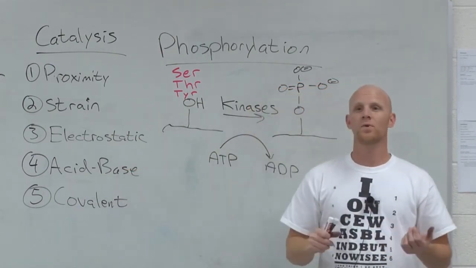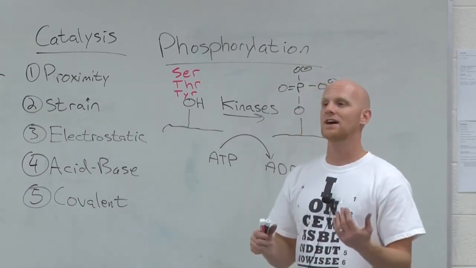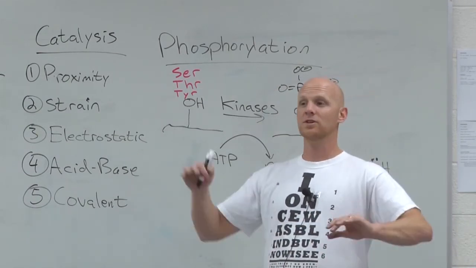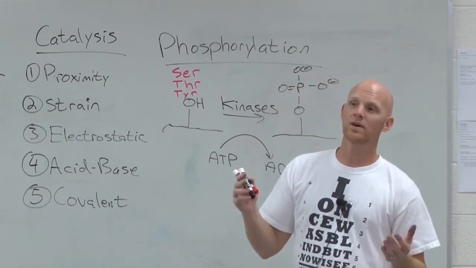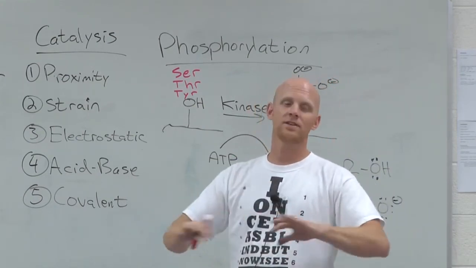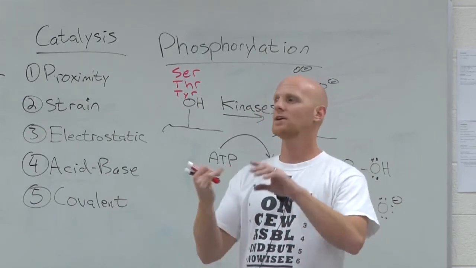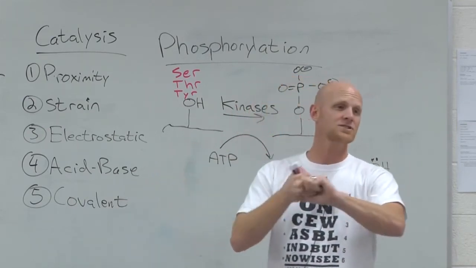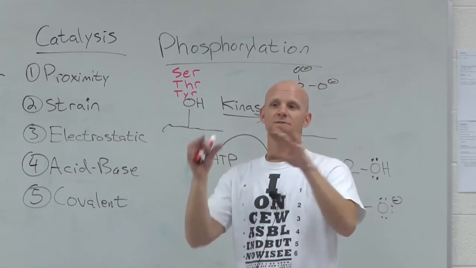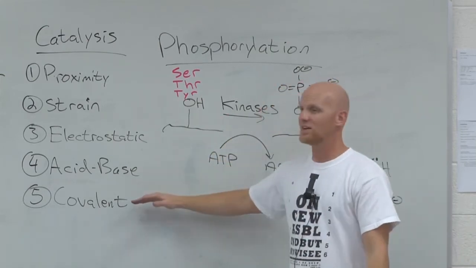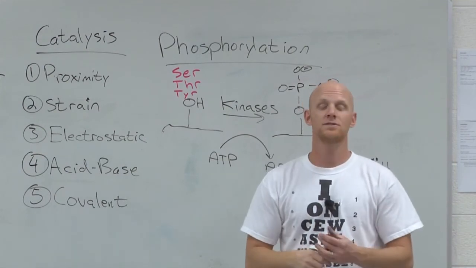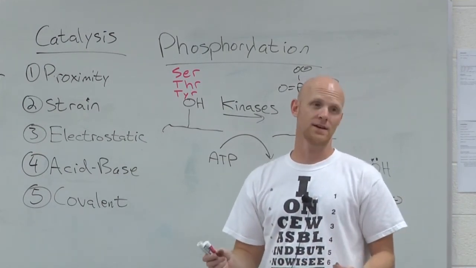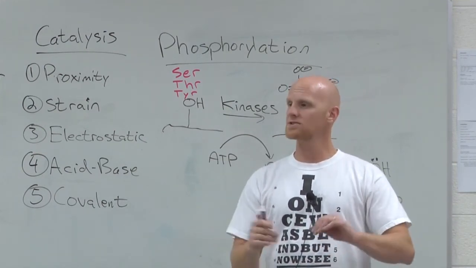So here's the deal. When a substrate binds to the active site of an enzyme, a lot of the stuff we've been talking about up till now has dealt with just anything that's not covalent. Electrostatic interactions, hydrogen bonding, things of this sort for the interaction between the enzyme and the substrate. But in covalent catalysis, the enzyme actually covalently bonds to your substrate temporarily, just to help the reaction along.